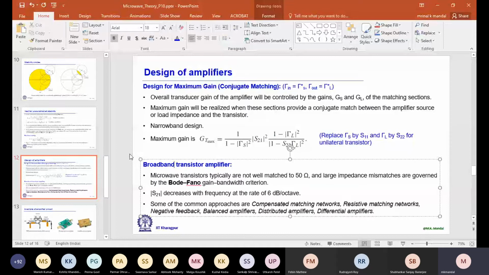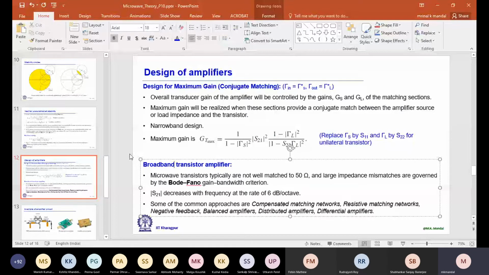Now, till now, you did not learn about any matching technique for a complex impedance over a wide frequency band. In the impedance transformer, starting from quarter wave transformer to binomial and Chebyshev impedance transformer, you recall that we considered only the real part of the impedance, did not consider the imaginary part.